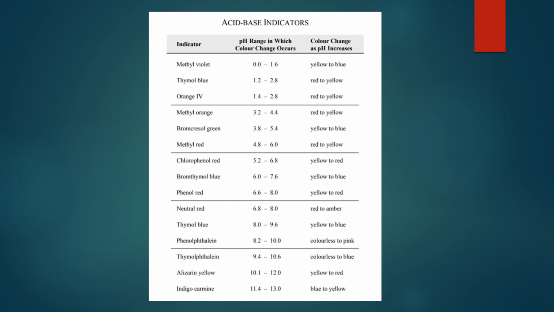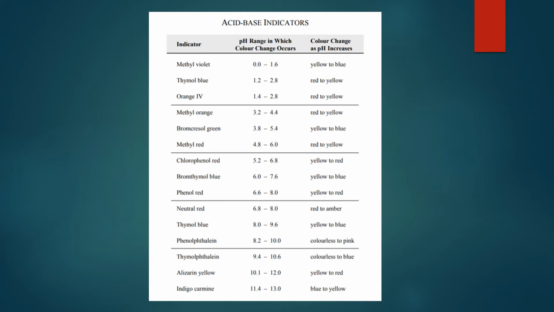So from a pH of 0 to a pH of 1.6, that indicator goes from yellow to blue. Some of the other indicators change colors at more of a neutral kind of range. So bromothymol blue, for example, changes from yellow to blue from a pH range of 6 to 7.6. So it could help you tell if something was neutral or not.